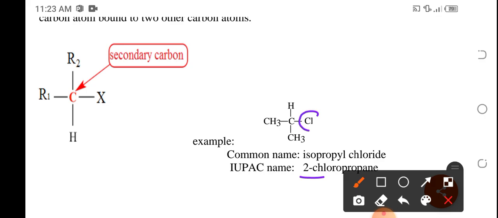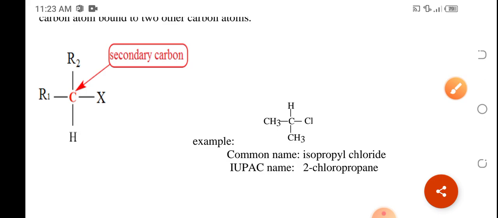So, this is the chlorine. That's the halogen. It is bonded to this carbon atom. That carbon atom is a secondary carbon atom because it is bonded to two other carbon atoms. So, this time, isa na lang yung hydrogen niya.